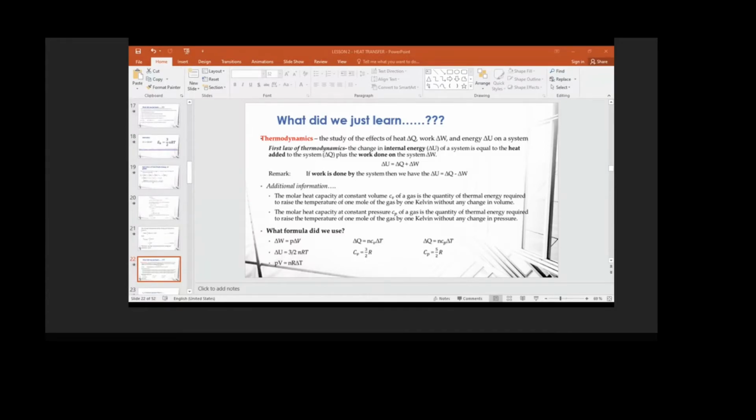To know if it's work done on or by the system: if it's work done on the system, in most cases with gases, the volume of the gas gets smaller. If it's work done by the system, then the volume of the gas gets bigger. We're going to look at some examples using graphs to see that.